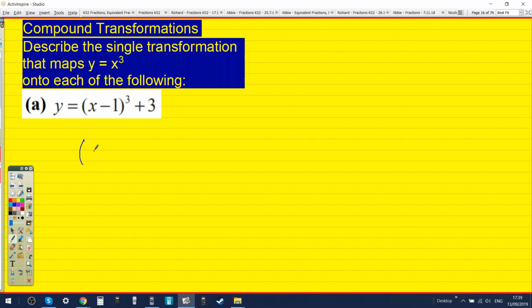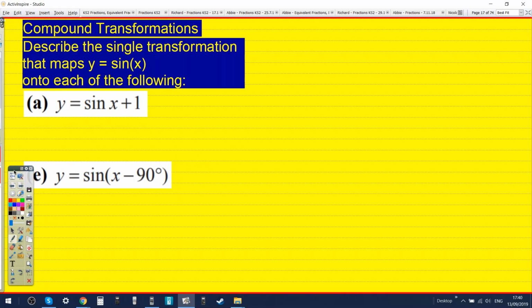And so the vector is plus 1, plus 3. Yes. And so it'll actually be 1 right instead of 1 left. Yep. And what type of transformation is this if you're adding or subtracting? Translation? Yes. So it's a translation by the vector (1, 3).